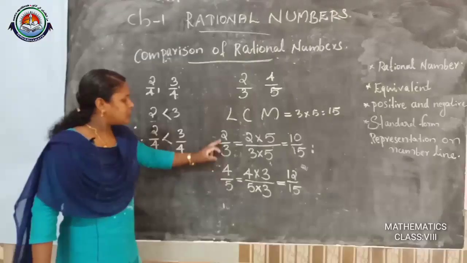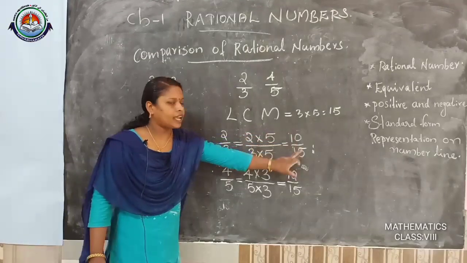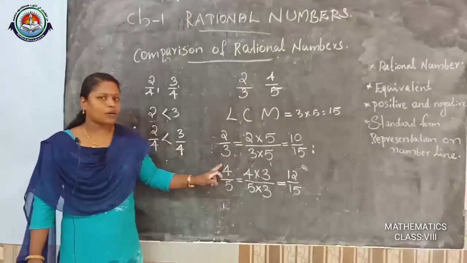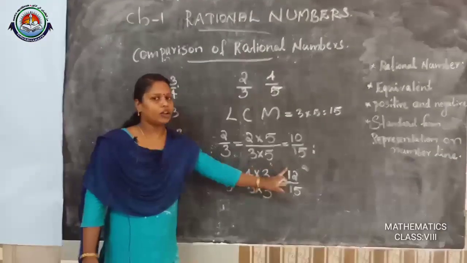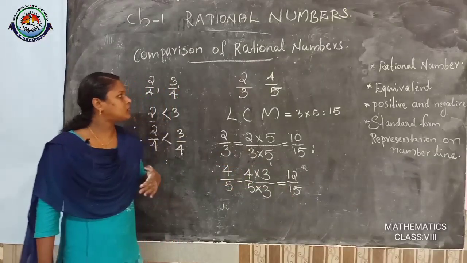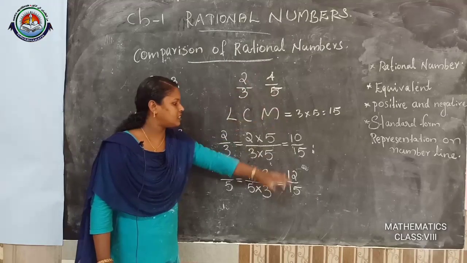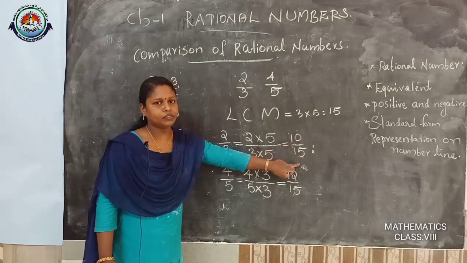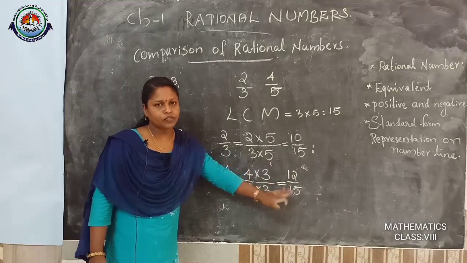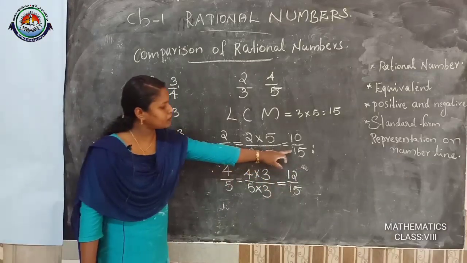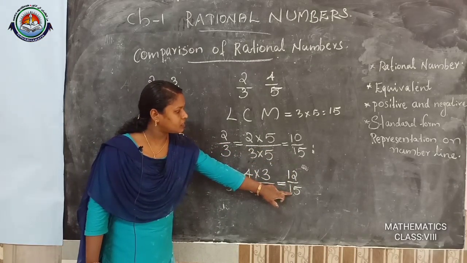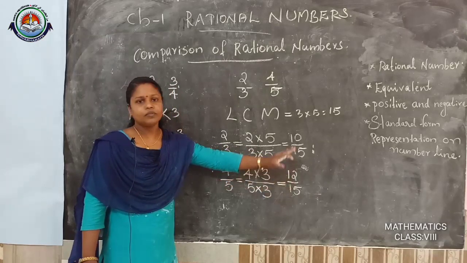So this 2 by 3 is equal to 10 by 15 and 4 by 5 equal to 12 by 15. So instead of comparing 2 by 3 and 4 by 5, we can just compare 10 by 15 and 12 by 15. Here these two numbers are rational numbers with common denominator 15.